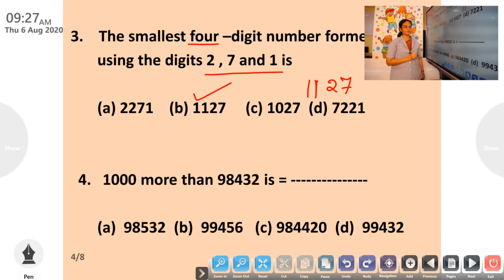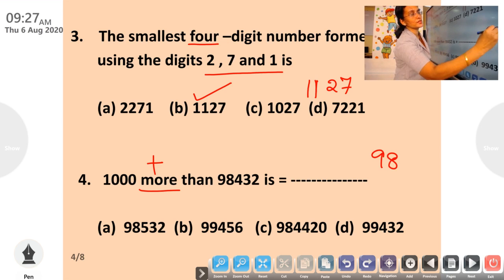Okay, the next one. Question number 4. 1,000 more than 98,432 is. You know that when it is more, to find more of a number, what you have to do? You have to do addition. Okay, more always means plus. So you add 98,432 plus 1,000. For this question, you will have to do this addition in a rough book.